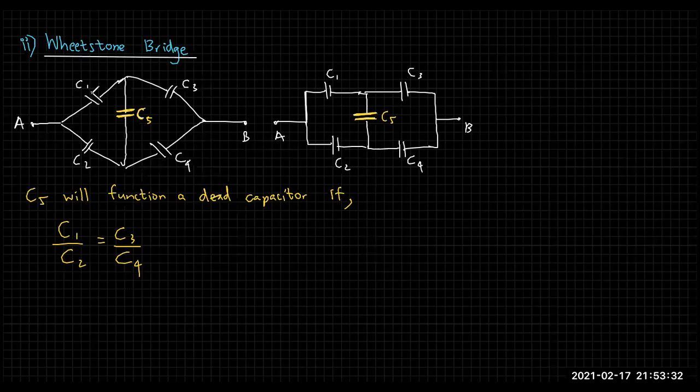The ratio between these two should be equal to the ratio between these two, or you can say the other way around: C1 over C3, the adjacent ones, should be equal to C2 over C4. If you cross multiply the first equation, you will get the same thing. Not C1, C4, C2, C3. Not diagonally. It's the adjacent ones. This is the most important condition.